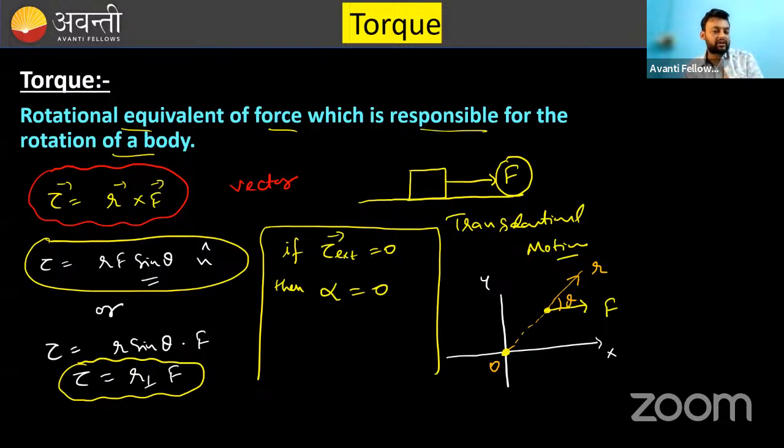Tau external is the external torque, alpha is the angular acceleration. This is the same as Newton's first law, where F external is 0, then acceleration is 0. I am relating these things because it is easier to remember. Moment of inertia is similar to what? Mass. Angular velocity is similar to what? Linear velocity. Linear acceleration is similar to what? Alpha.